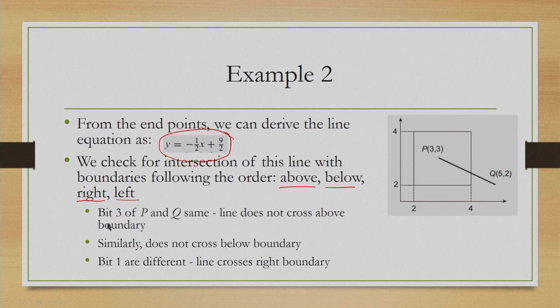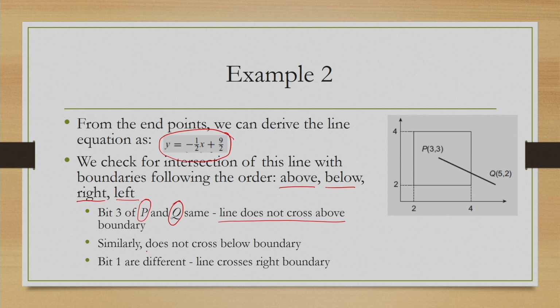For above boundary, you can see that bit 3, which represents the above boundary, of P and Q, both the endpoints are same. So, the line does not cross above boundary.